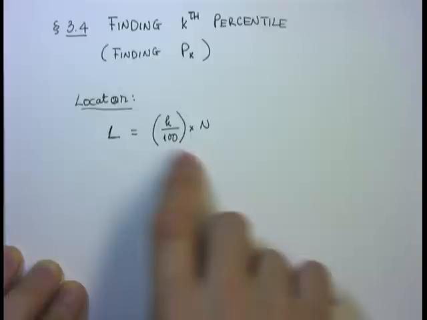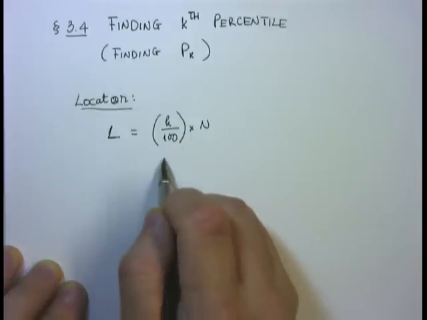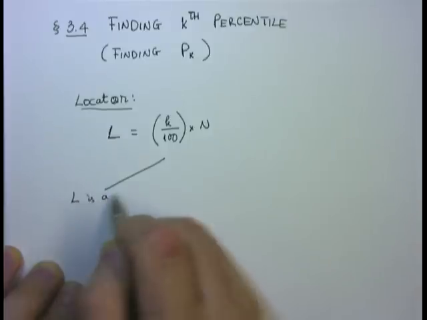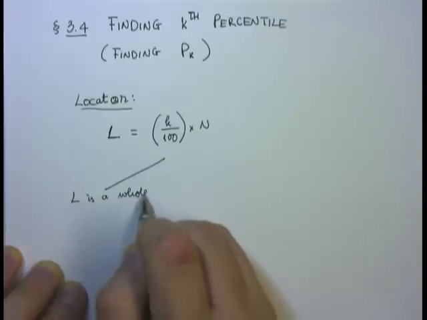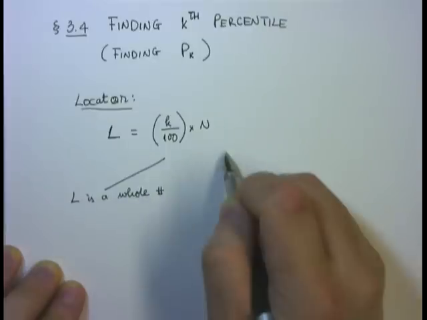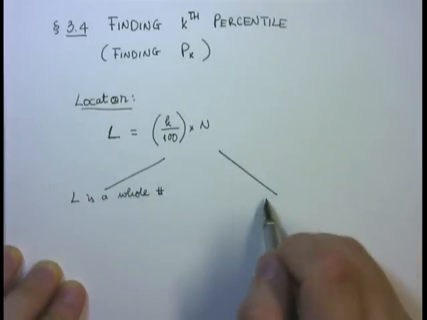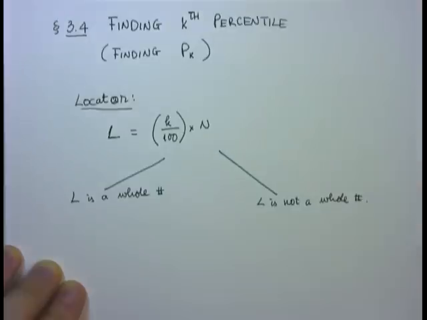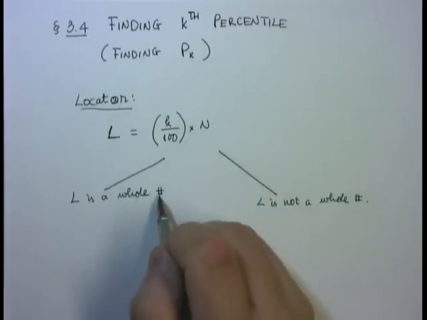After you compute the L value, L can be a whole number, or L can be not a whole number, meaning L might have decimal values.